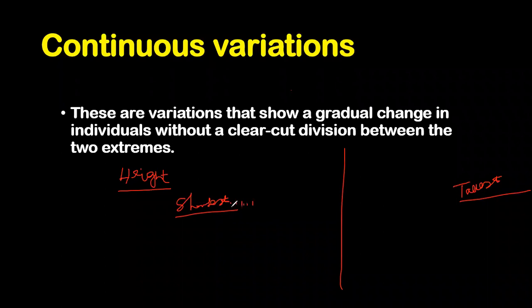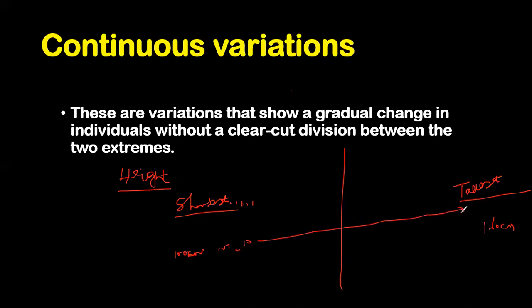If the shortest is maybe 100 centimeters and the tallest maybe is 160 centimeters, you find a person, maybe the second shortest will be 100.01, followed by 100.02, and at each level you can find somebody.